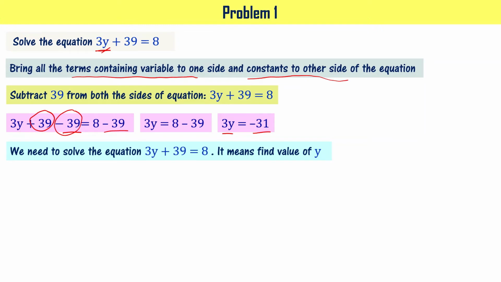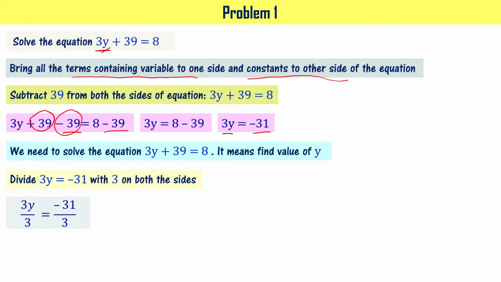So to get the value of y, I'm going to divide this equation 3y equal to minus 31 by 3 on both the sides. When I do that, I'll get 3y by 3 equal to minus 31 by 3. I can cancel these two 3's, numerator and denominator, so that I'll get y equal to minus 31 by 3. This is the value of y.